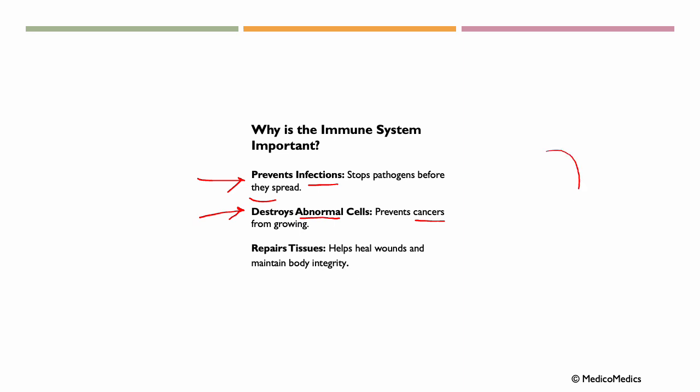Because we have normal cell division, if we have mutations or failures of our tumor suppressor genes, we can have overproliferation of cells. And if there is an abnormal cell, we want our body to identify it and stop it. This is one of the main roles of our immune system. Furthermore, it repairs tissues, so it helps heal wounds and maintain body integrity.